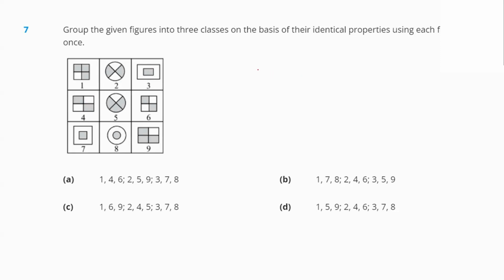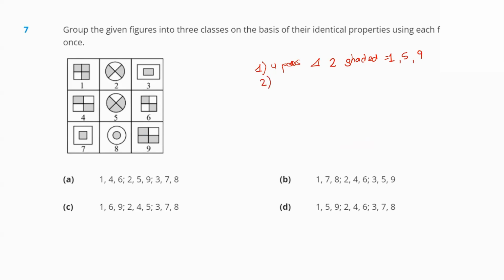So if we take the first group as 4 parts and 2 parts shaded, we have 1, then figure number 5, and figure number 9.